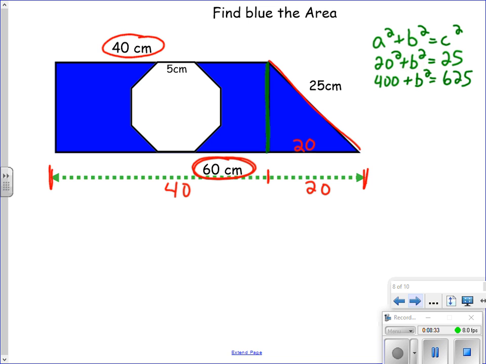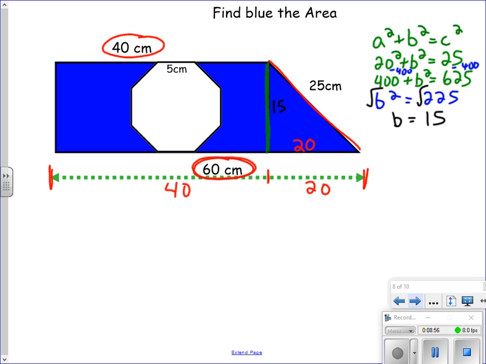Then I'm going to use algebra. I'm going to subtract 400 and subtract 400. That's going to give us b squared is 225. And then I'm going to square root that, and I got b is the square root of 225, which is 15. So that gives us this height.